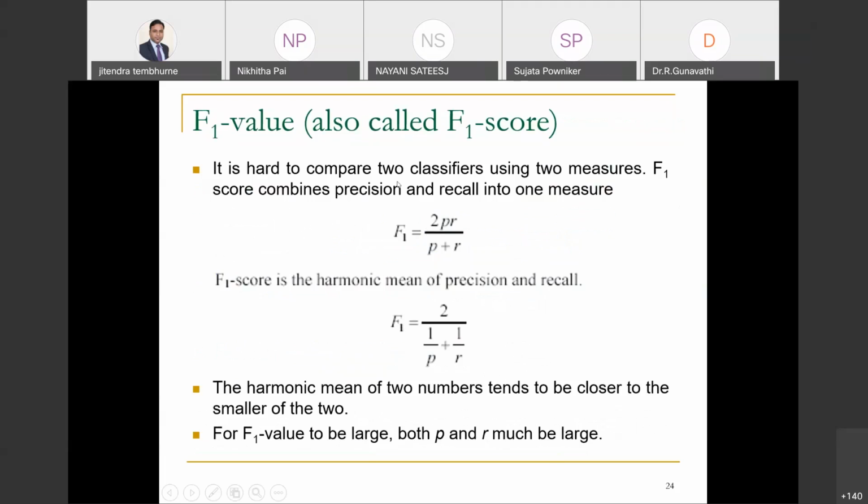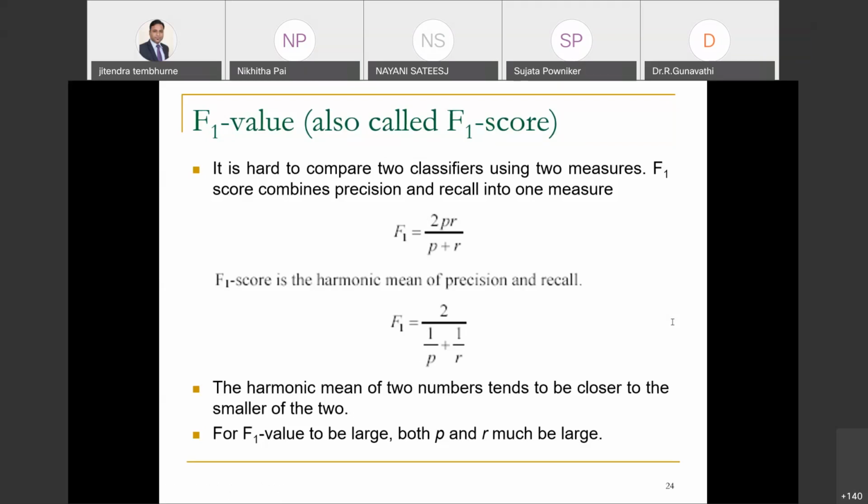The F1 score statement says that it is hard to compare using two measures. If you are using two measures, let's say the first measure is recall and the other is precision, at that point you have to target one, because precision and recall are both targeting the positive class.